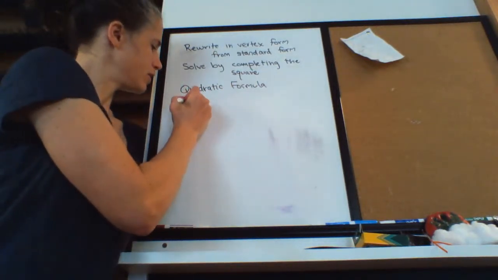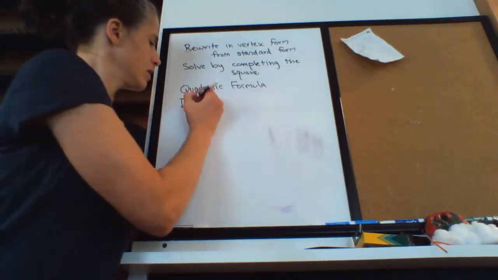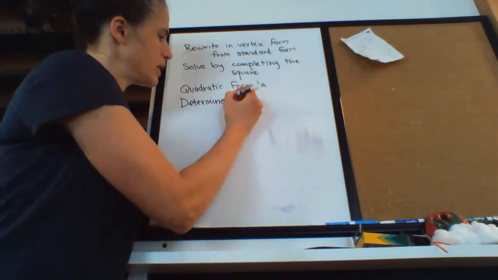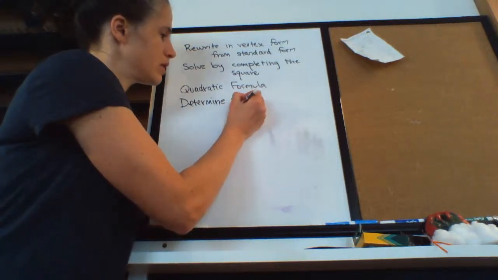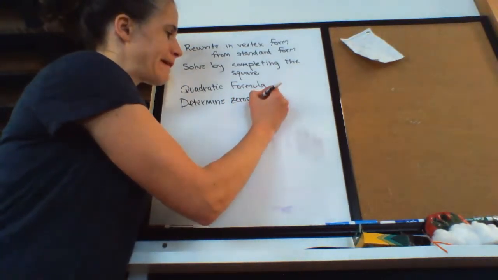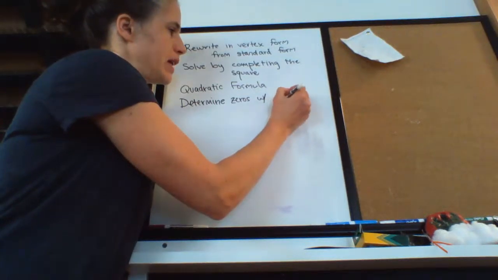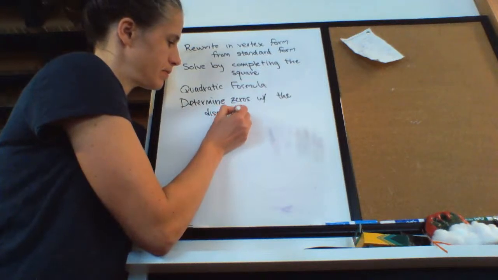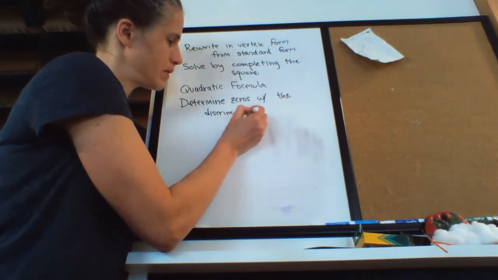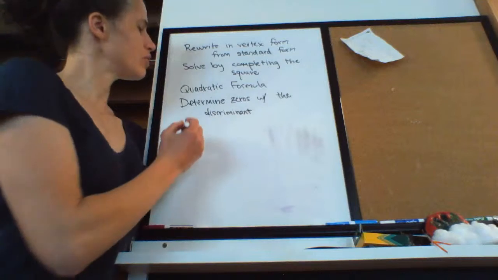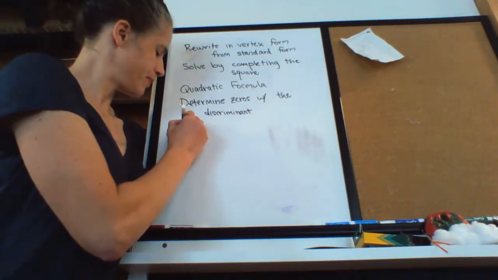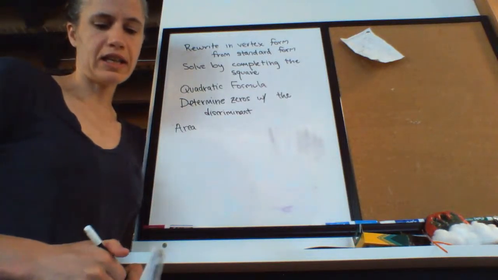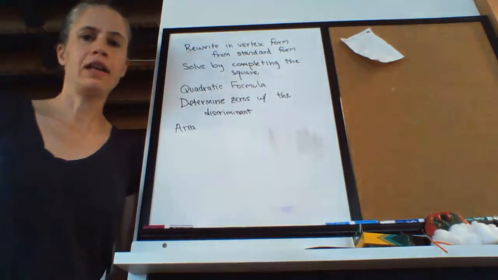You're going to have to determine the number of roots, or the zeros, how many, with the discriminant. And then you have one story problem involving area. Those are the key ideas for your test on Wednesday.